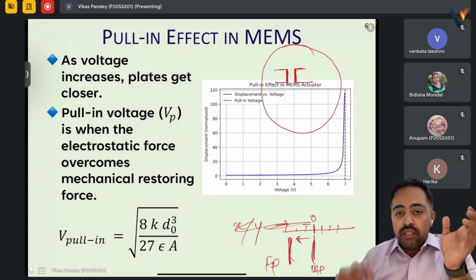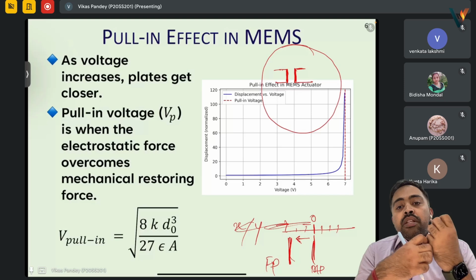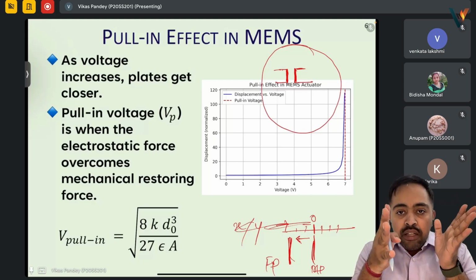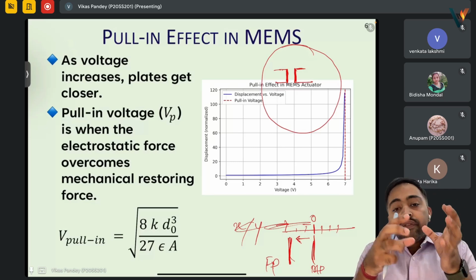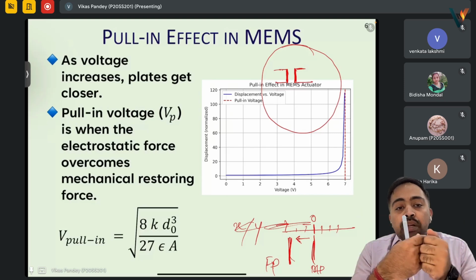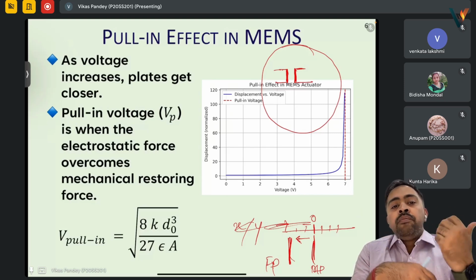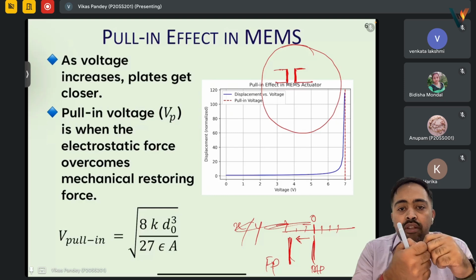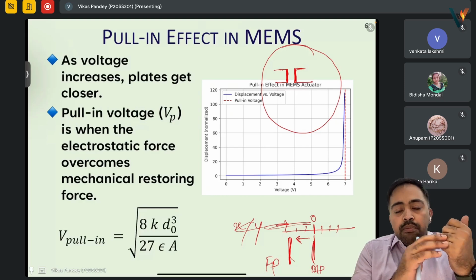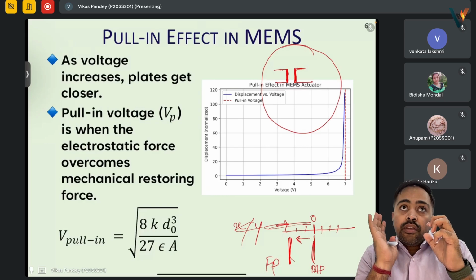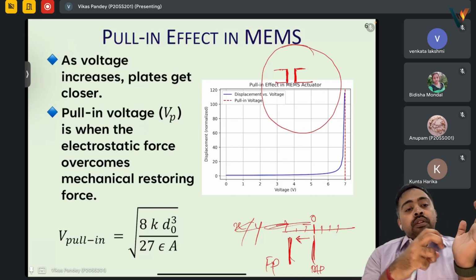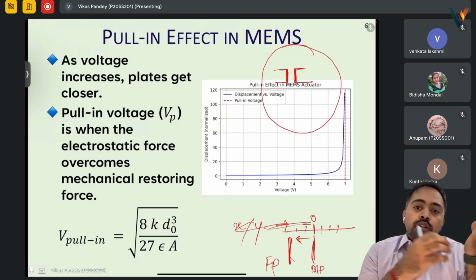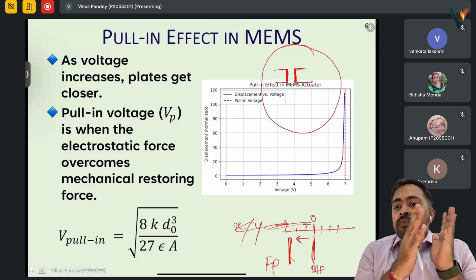Now this will come closer, but it is limited by the mechanical force because it already has some strength. It is a physical object, it is fixed. So the movement will only occur when the electrostatic force, that is the force due to the field, the voltage we are giving, is able to overcome the mechanical force that is trying to pull it to its mean position, say 0.